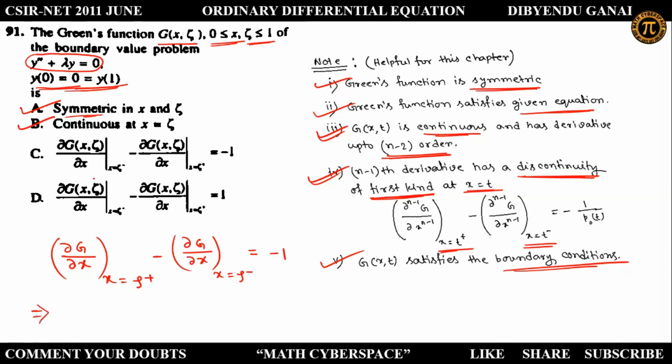So if we simplify this according to the given option, then this will be del G del x. From this form, we can easily discard option C. Here it is given del G del x at x equals xi minus, minus del G del x at x equals xi plus, equals minus 1, but we have gotten that x equals xi plus minus x equals xi minus equals minus 1. So option C is discarded.